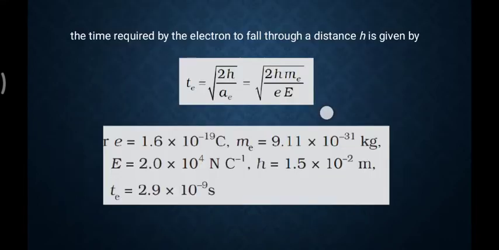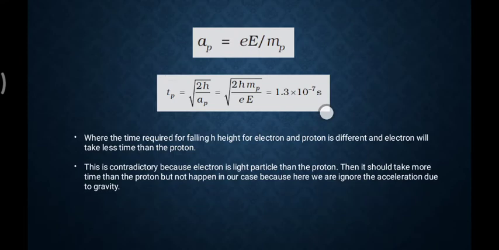Why is this? This happens because we are neglecting the free fall under gravity. Here we are neglecting the acceleration due to gravity, and that's why this kind of problem occurs.